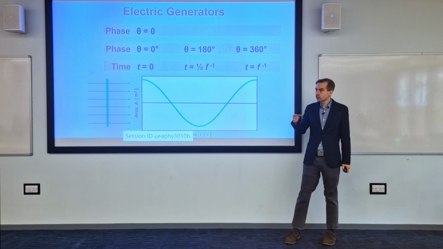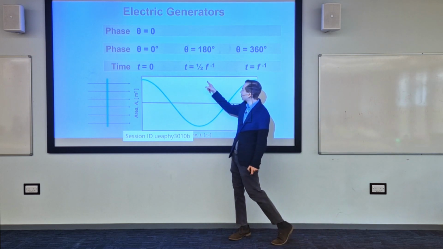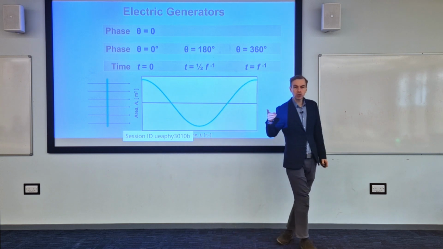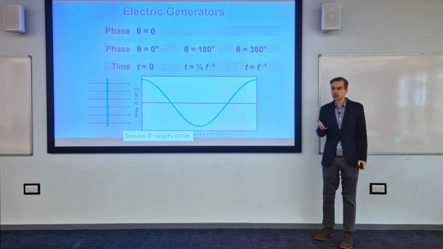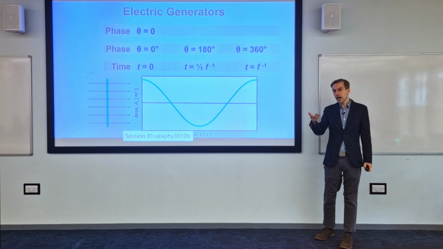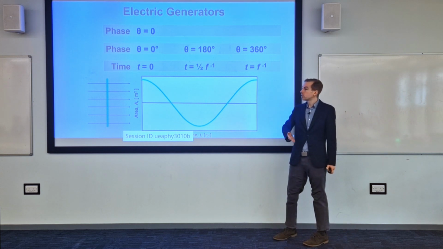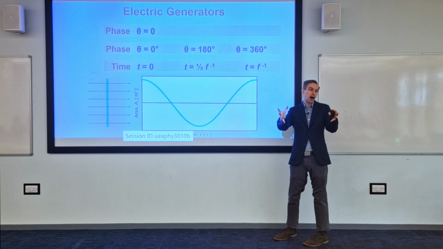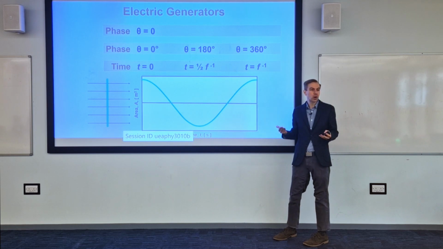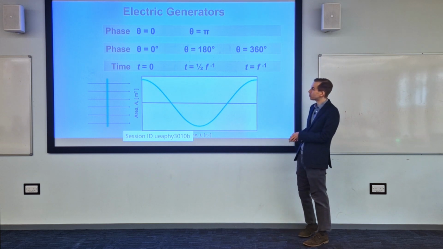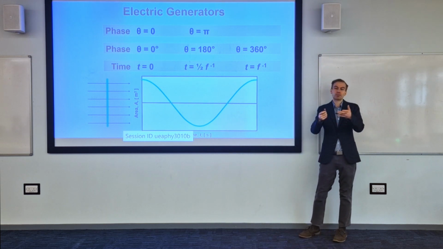But the way radians are really defined, it's useful to think about halfway. So if we have an angle of 180 degrees, does anybody know what that is in radians? Oh, yeah. Excellent. Very good. Radians are defined so that pi radians, so 3.14 radians, gives us 180 degrees. So the phase in radians is just pi radians.